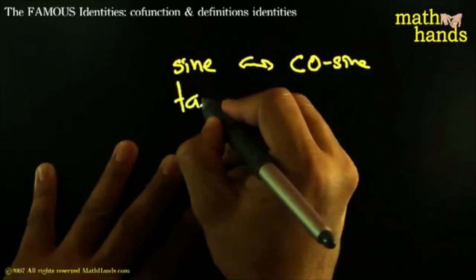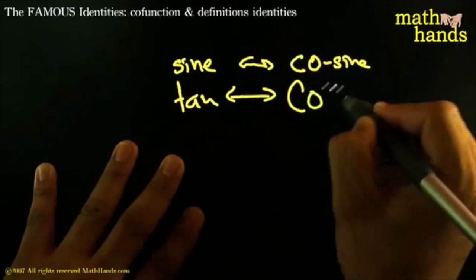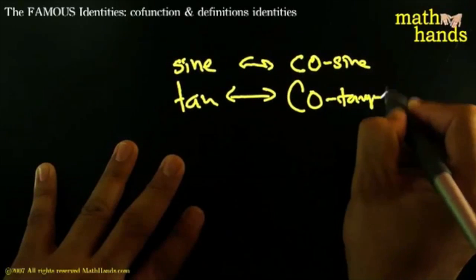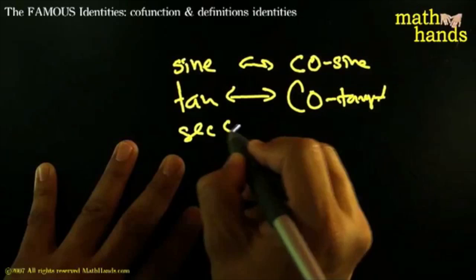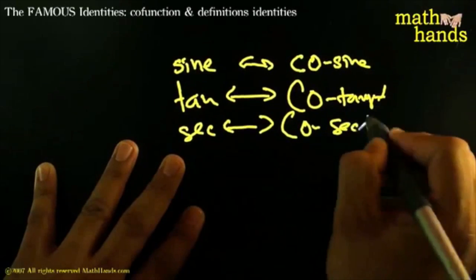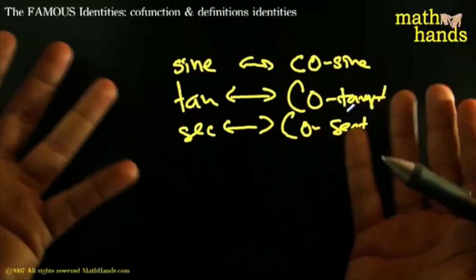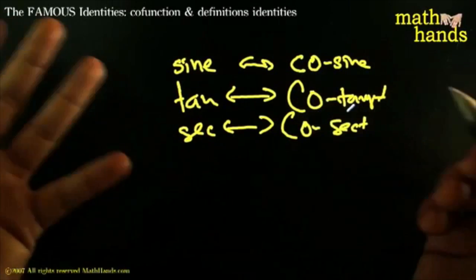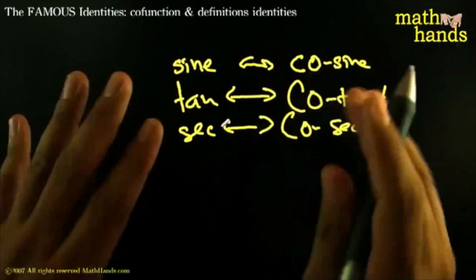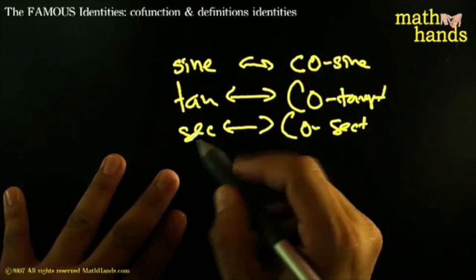You have tangent, and then you have cotangent. Secant, and then you have cosecant. Who put these co's everywhere? Where did all the co's come from? Co this, co that. They come from the complementary angles.